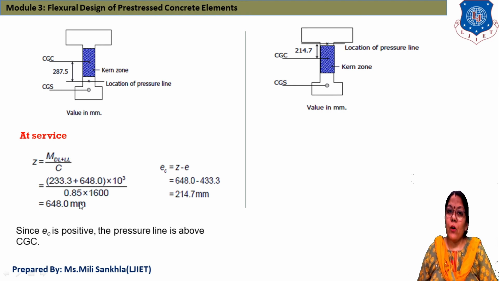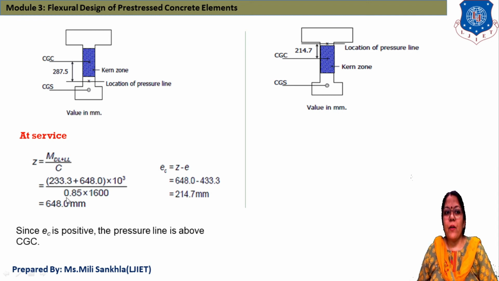Now again we want to convert this value in mm, so the moment is given in kilonewton into meter and the force C is given also in kilonewton, so we don't need to convert into Newton, but the meter is converted into mm, 10 raised to cube.